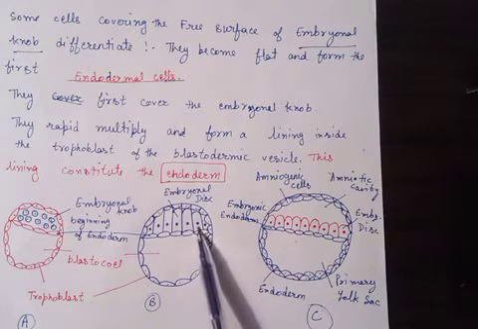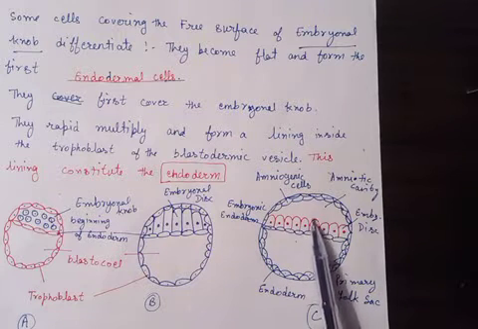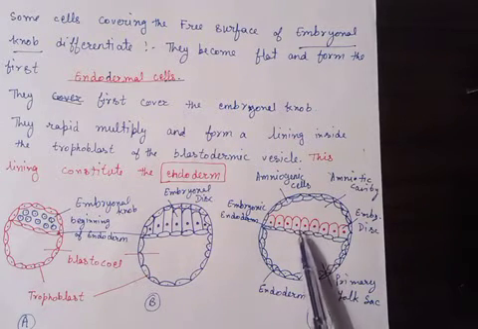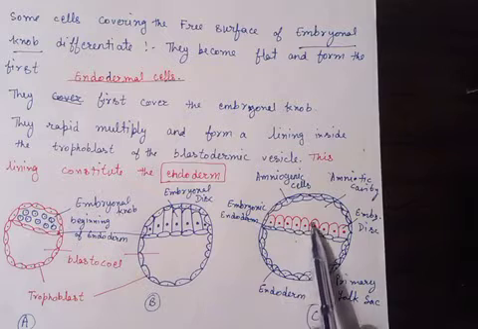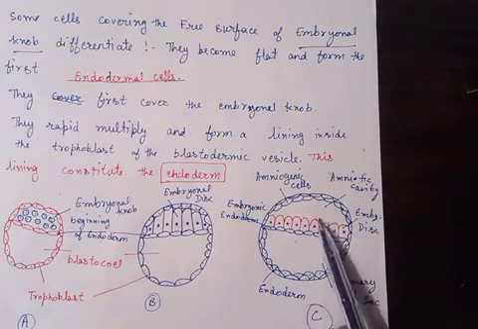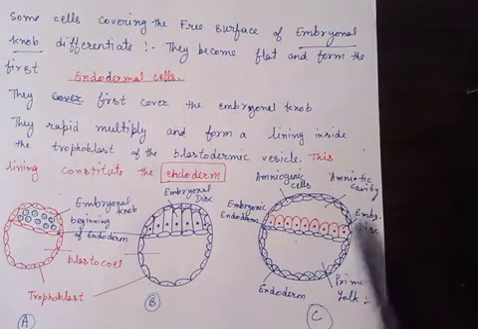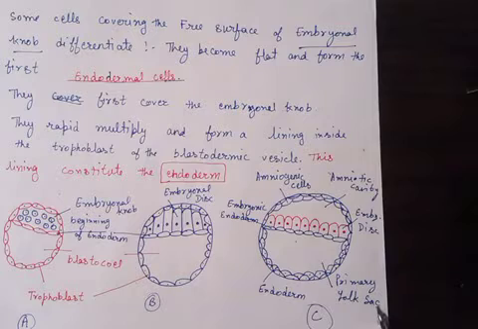The embryonal disc attached to the mesoderm slightly bends down to form a cavity. One cavity is known as the amniotic cavity, and the second is the primary yolk sac.